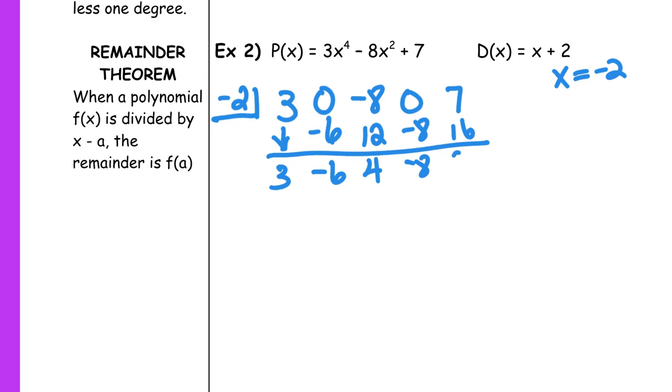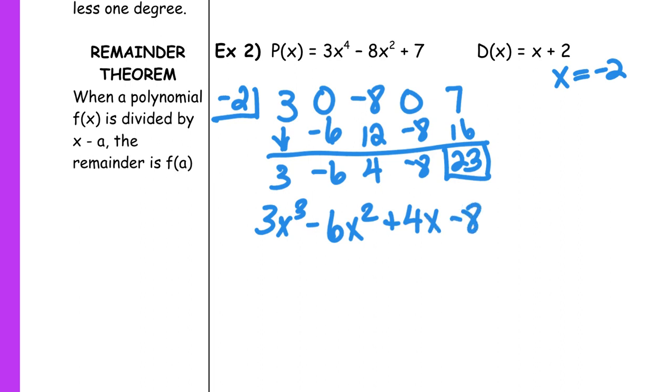And multiply and combine. The last one, once again, is the remainder. It's always going to be the remainder. We went from a degree of 4, so now we're at a degree of 3. So this is 3x cubed minus 6x squared plus 4x minus 8 with a remainder of 23, and we're going to put it over our divisor.